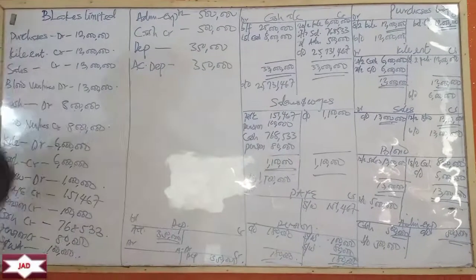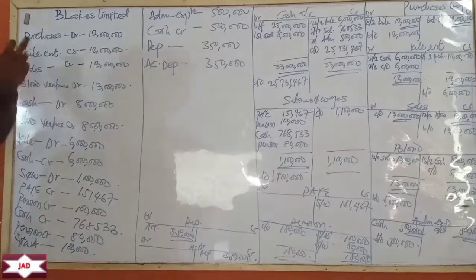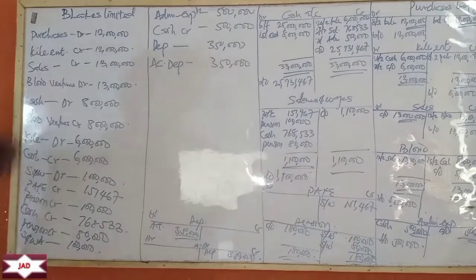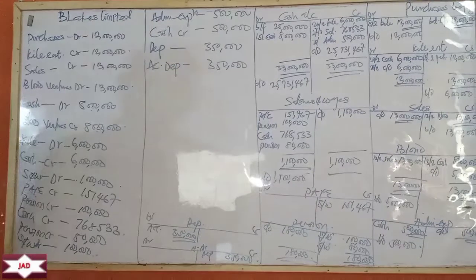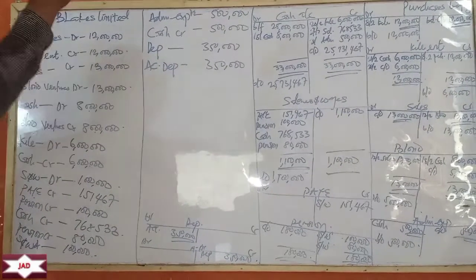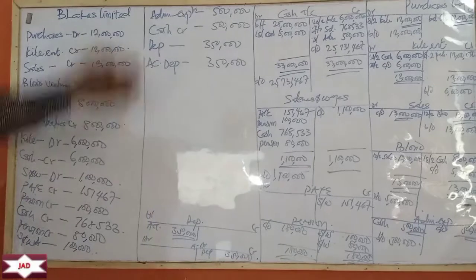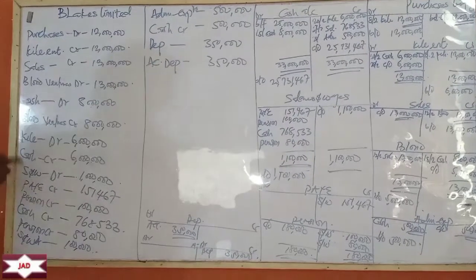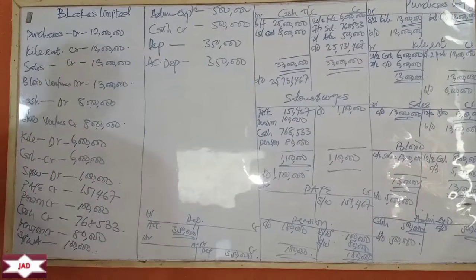We can just check. Purchase. Have we done purchases? It's there. Have we done car? It's there. Have we done sales? It's there. Have we done bank? It's there. Have we done cash? Yes, it's there. Have we done bank? Yes. Car? Yes. Cash? Yes. Salaries and wages? Yes. Pay as you earn?